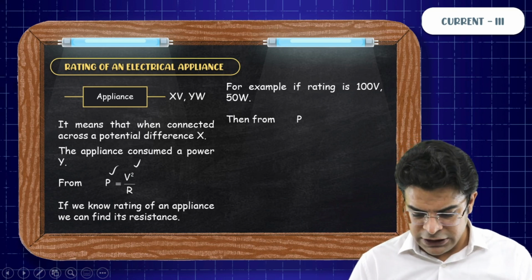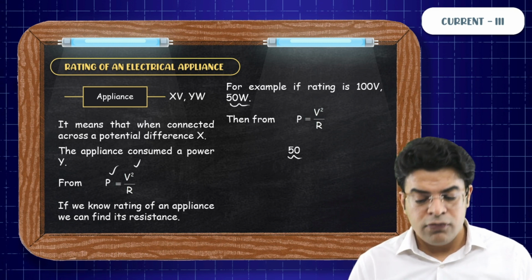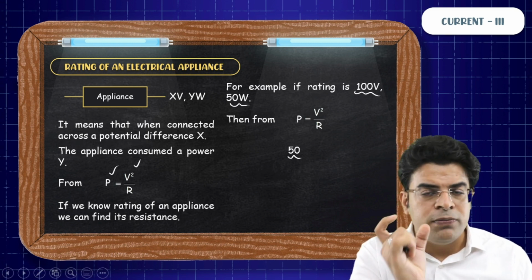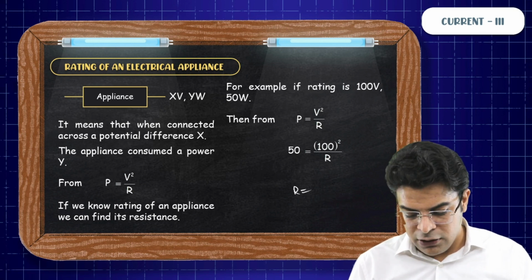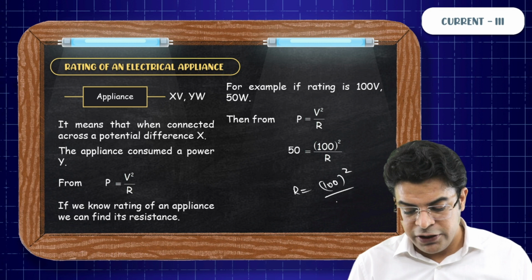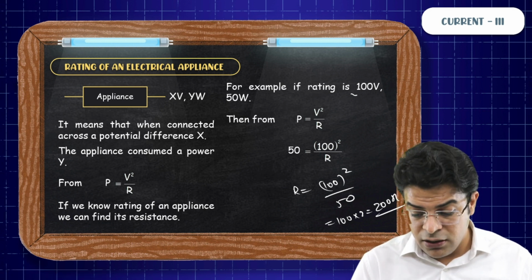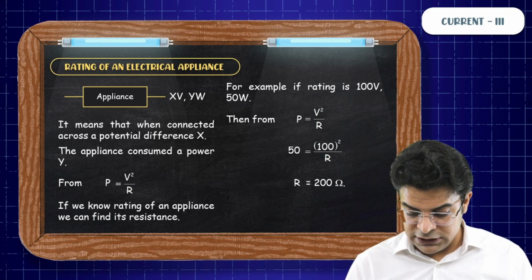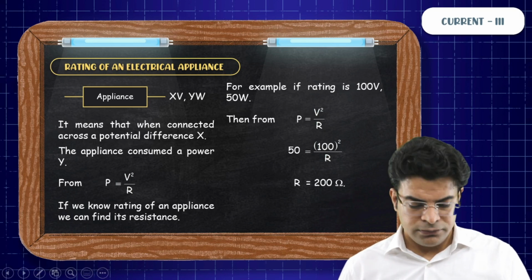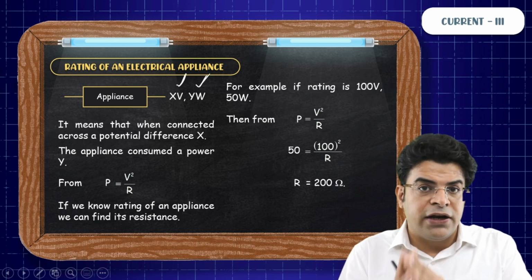You will say 50, the power consumed, equals 100 square, the potential drop applied, whole square by R. Now R equals 100 square by 50, which becomes 100 into 2, that is 200 ohm. So if you know the rating of an electrical appliance, you can find its resistance. Easy? You need to understand how we rate an electrical device.